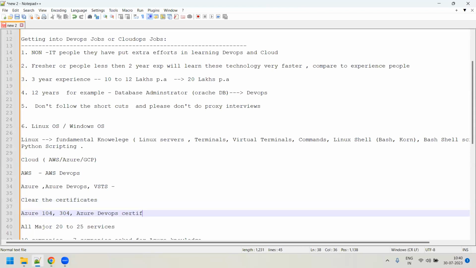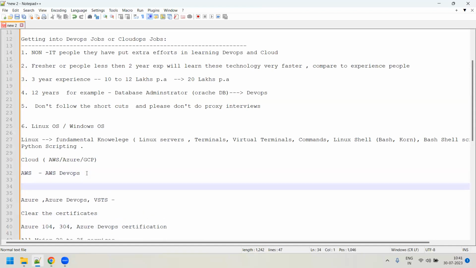The same way I would say for AWS also, please do the certification. I think I did the SAA-C03 certification, the Associate Architect certification, right? Whenever you have time, please do the professional certification also.